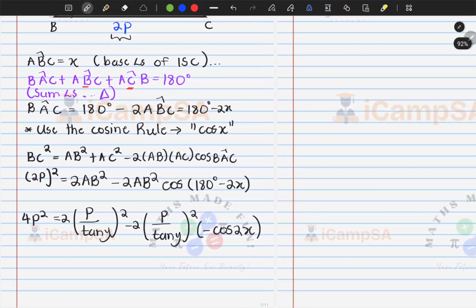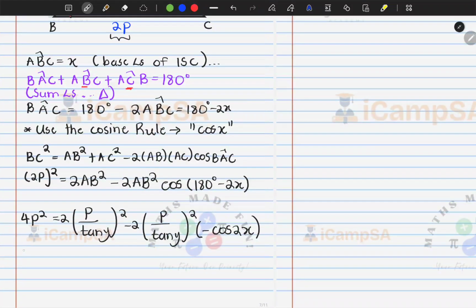Okay, now let's go ahead and simplify. So we'll end up having 4p squared equaling, if you observe carefully, 2p squared divided by tan squared y, and then minus, if you look carefully, we are going to end up having a plus, so it's going to be plus 2p squared divided by tan squared y, and then cos of 2x.